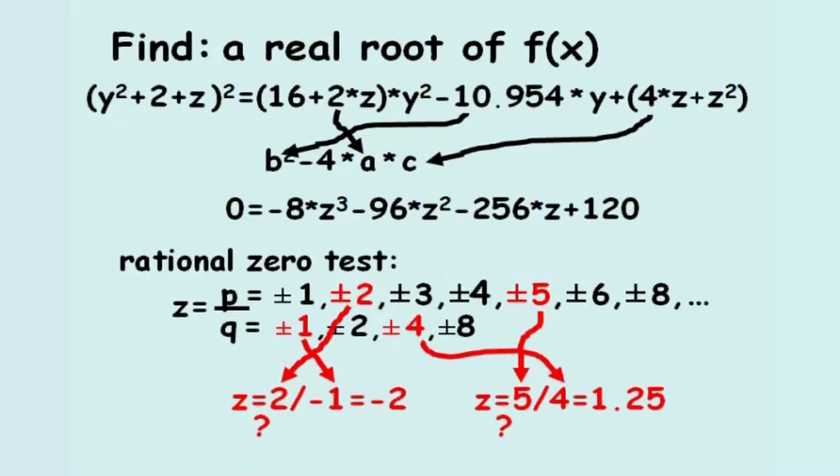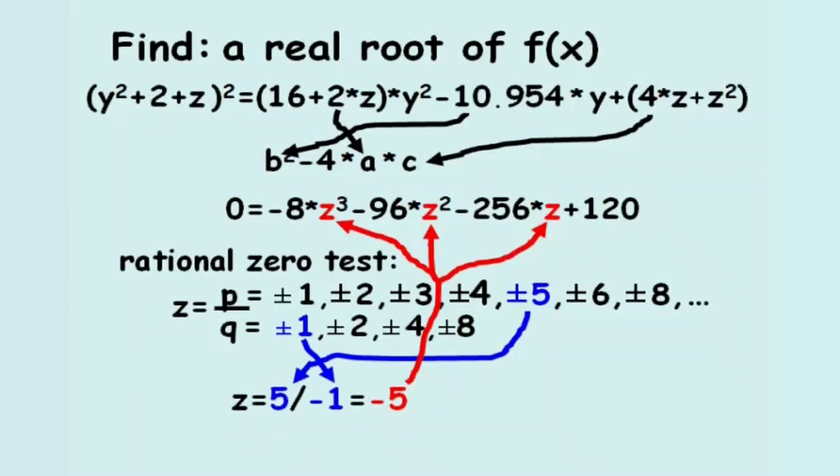Once a prospective root z is chosen, it is plugged into the cubic equation and is only a root if the right-hand side of the equation solves to 0. After trying a few possible roots, we determine z equals -5 is a root to the equation.